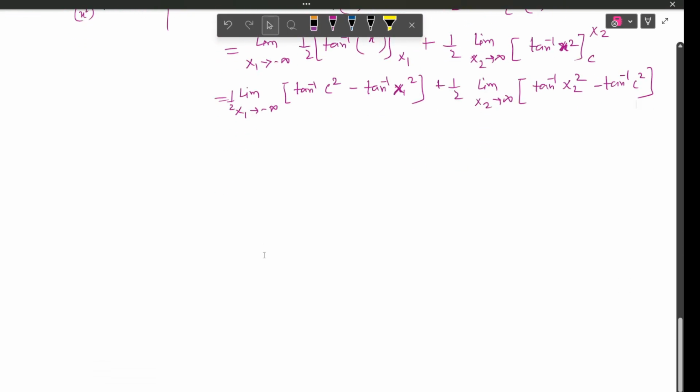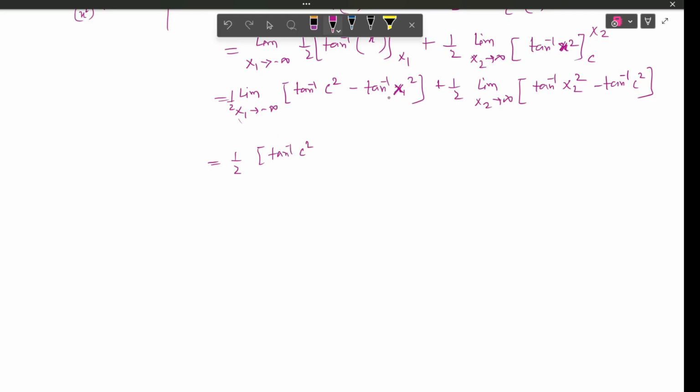Now if you put minus infinity in place of x1, it will be tan inverse of c square, and x1 square will be plus infinity, so it would be tan inverse c square minus tan inverse infinity, that is pi by 2, plus half of tan inverse of infinity square, which is infinity, so tan inverse infinity is pi by 2, minus tan inverse c square.